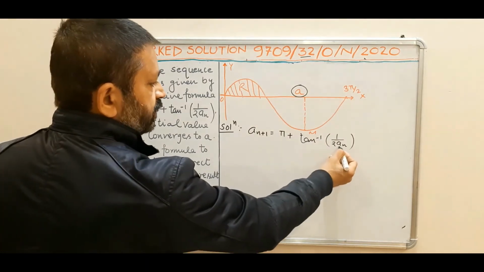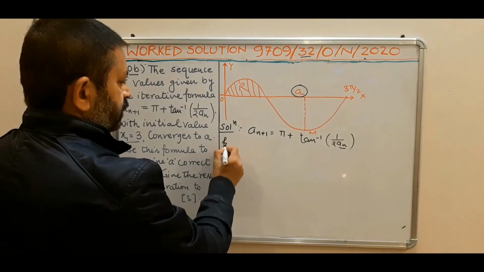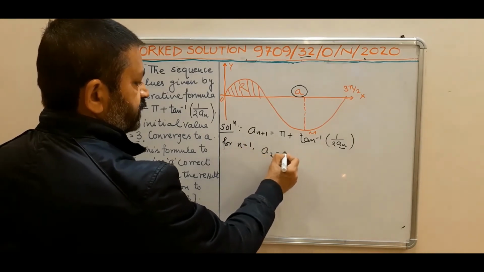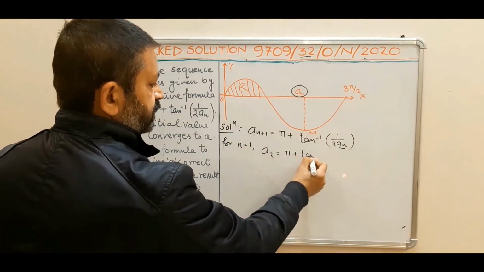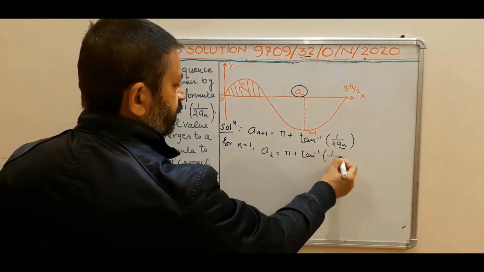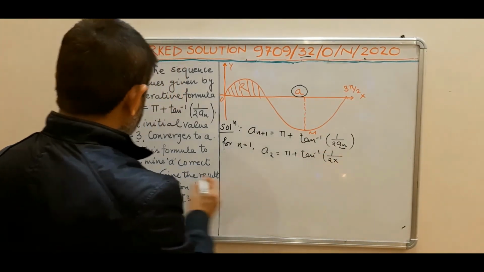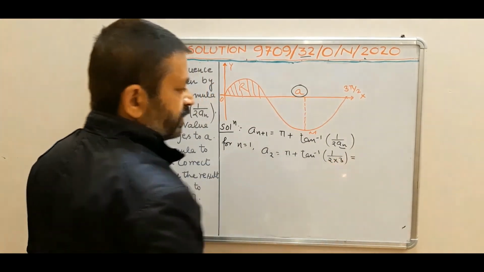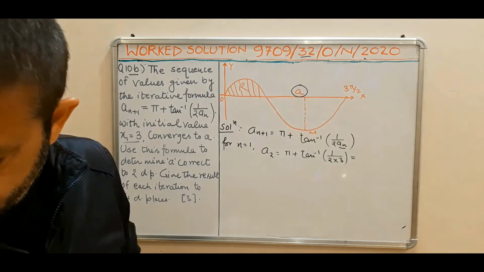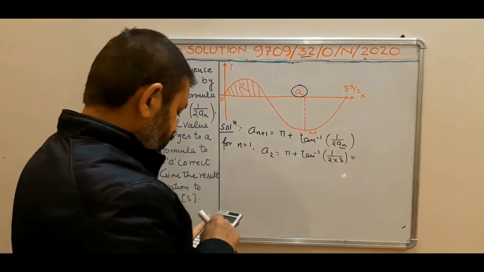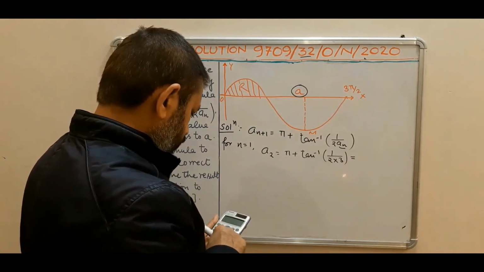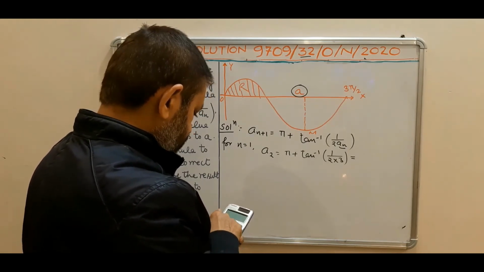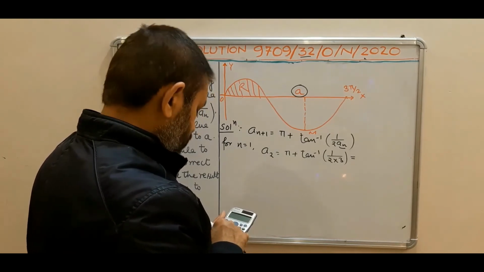So, for n is equal to 1, it will become a2 is equal to pi plus tan inverse 1 upon 2 into a1. a1 is 3 only. Calculate this value with your calculator. So it will become pi plus tan inverse 1 upon 6.